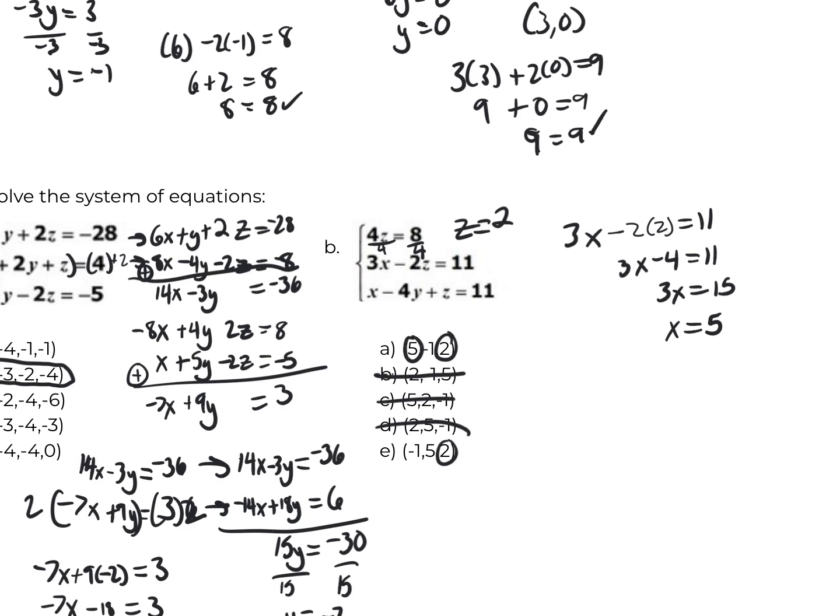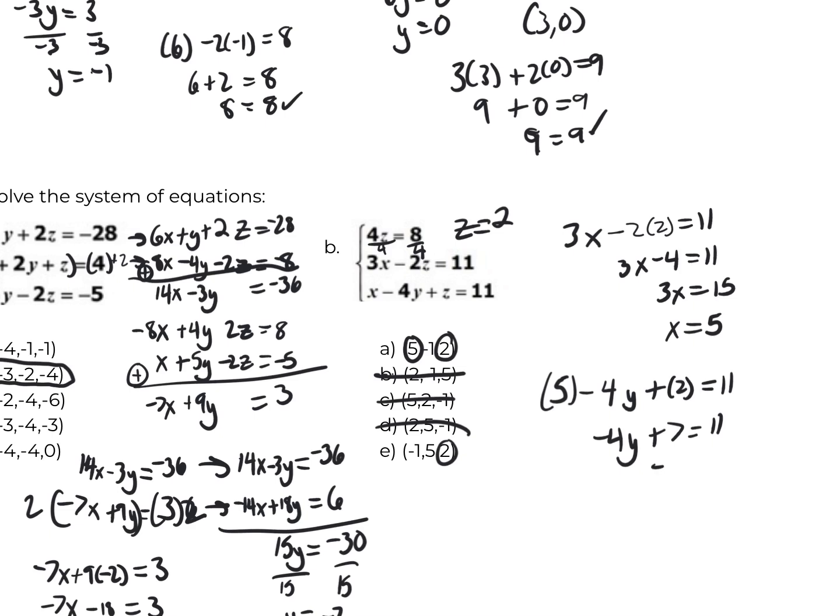And just to verify that it is A, I'm going to run those two numbers through that last function. So 5 minus 4y plus 2 equals 11. So 5 minus 4y plus 7 equals 11.